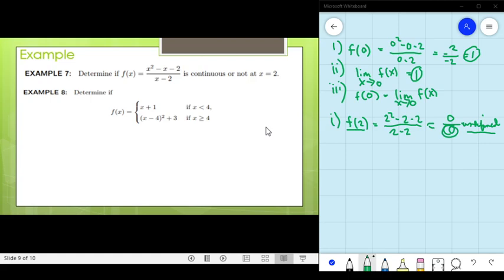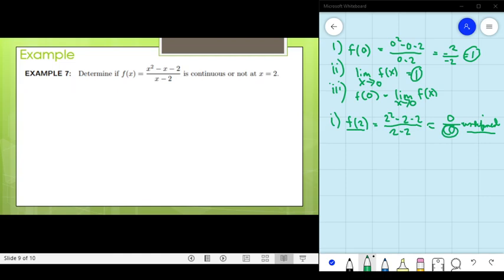Okay, what about number 8? Determine if f of x equals x plus 1 if x is less than 4, and then quantity x minus 4 squared plus 3 if x is greater than or equal to 4.